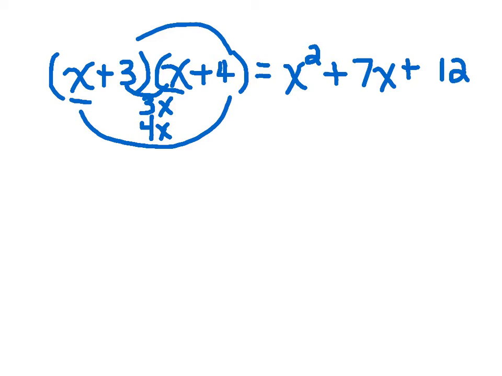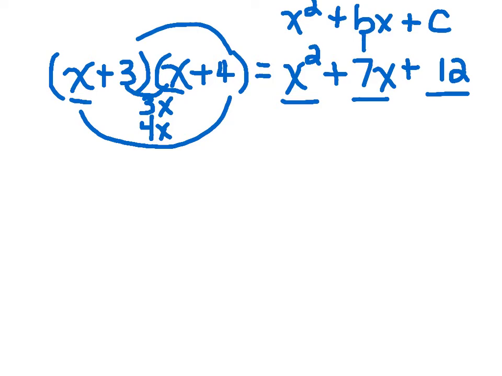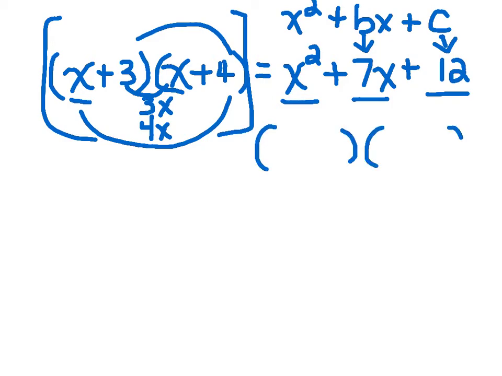So, as we look at this trinomial, it is in the pattern of x squared plus bx plus c, where c is positive. In this case, b is 7 and c is 12. Let's pretend that we didn't just FOIL this. Let's just look and say, if I'm drawing my parentheses, what must go here and here if the first terms multiplied to give me x squared?